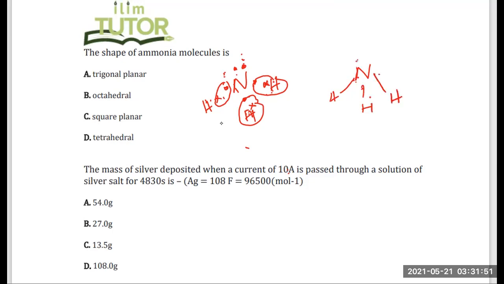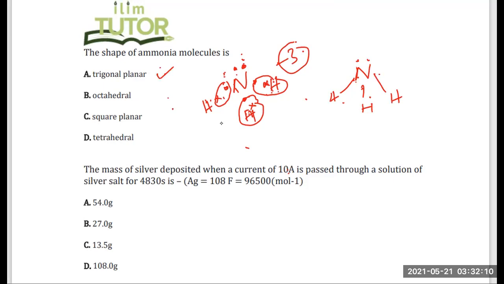And a lone pair. So basically, to do this, we use the idea of lone pair to understand how many bond pair of electron do we have. So we have 3 bond pair. So if it is 3 bond pair, then definitely our answer will be trigonal planar.